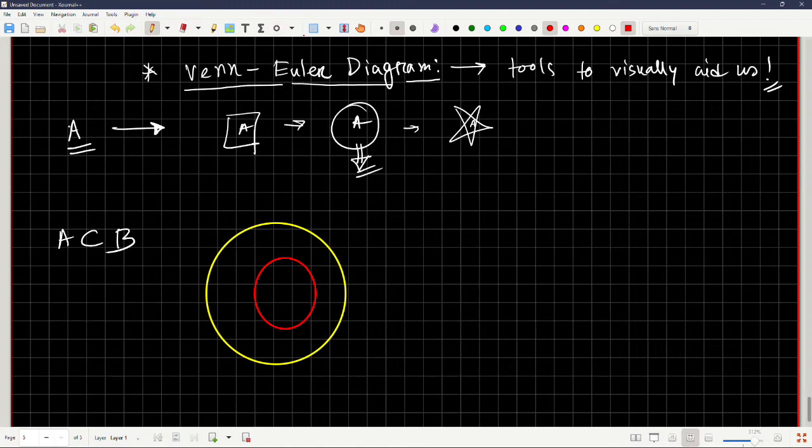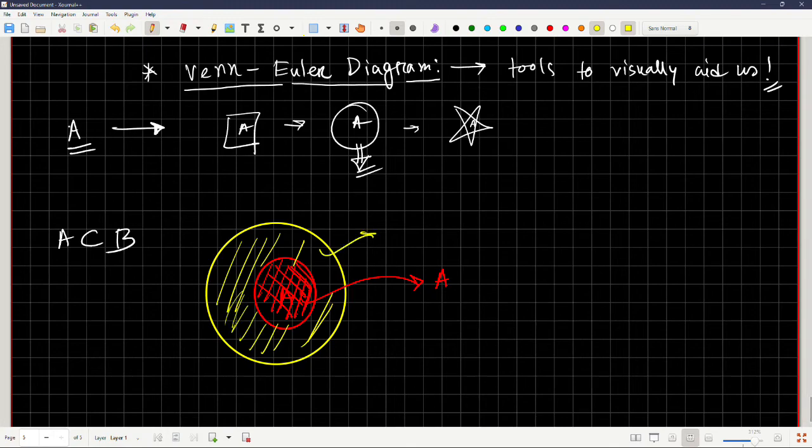So this red shaded area is A, and this yellow shaded area is B. As you can see, B is containing A, so this is how we represent A as a subset of B in the language of Venn Euler diagrams.